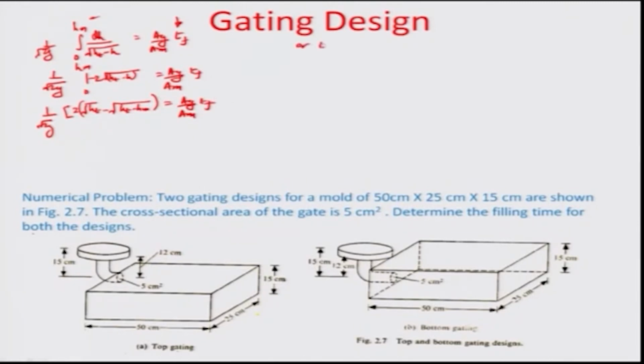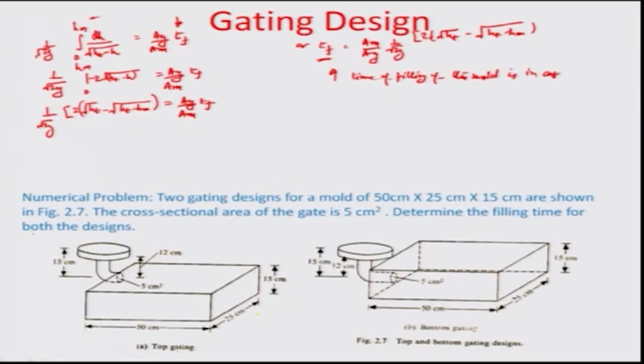In other words, T_f becomes equal to A_m by A_g times 1 by root 2g times twice root H_t minus root of (H_t minus H_m). If the riser is used, then T_f should include the filling time of the riser. So, basically this is the time of filling of the mold in case of the bottom gating system.